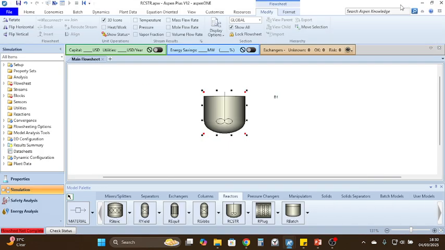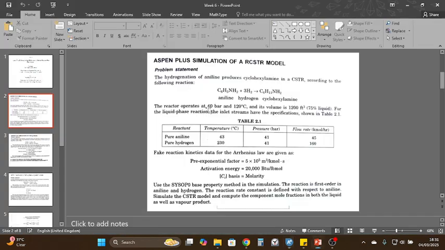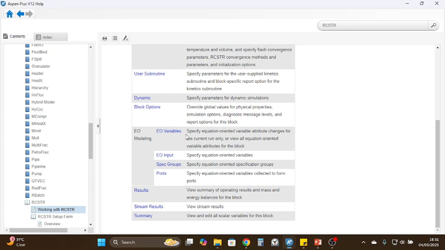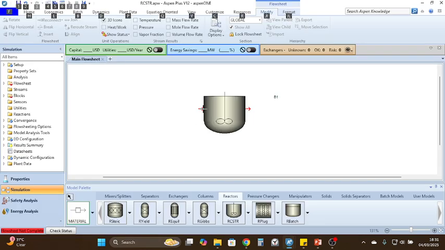Okay, so let us start. Materials: if we hover our mouse over here, you can see the feed. It is a required input and it says one or more. Note that in the problem we have two input streams, pure aniline and pure hydrogen coming in as feed. So over here we have to specify two input reactant streams.